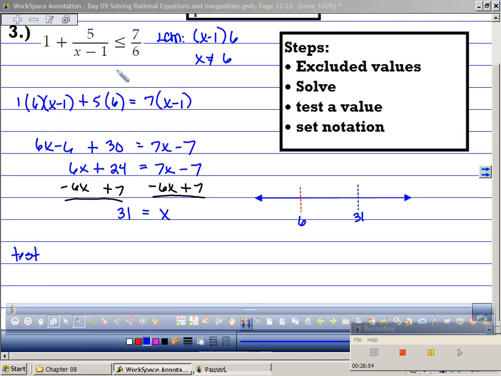Let's test something a little bit easier. Hold on. What's wrong? X cannot equal 1. Good catch. All right. Let's think of something other than 10. Look at Janelle. Do 6, because if you make it 6 minus 1, it'd be 5, and that'd be 1.